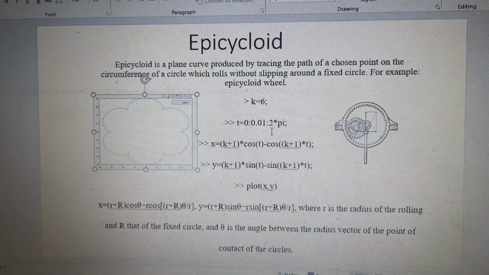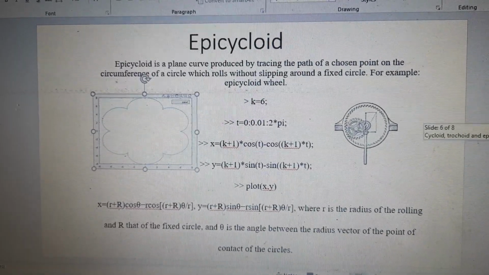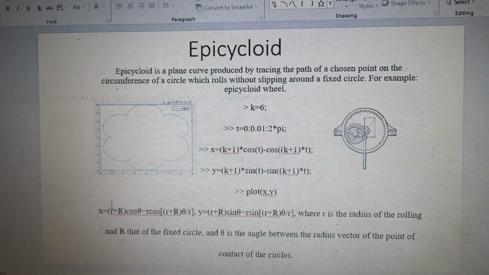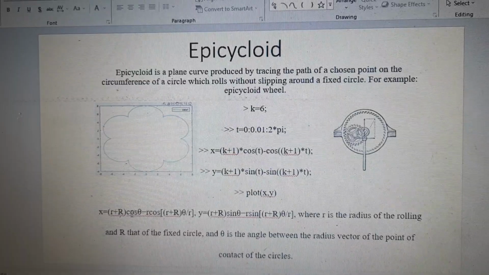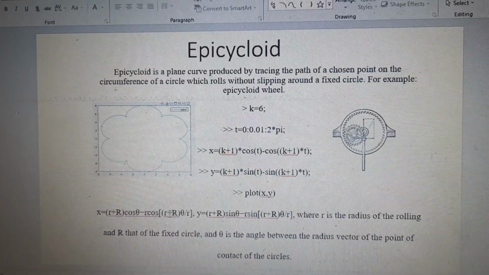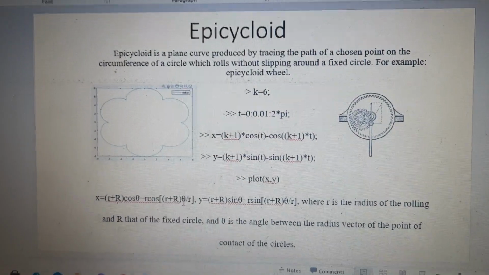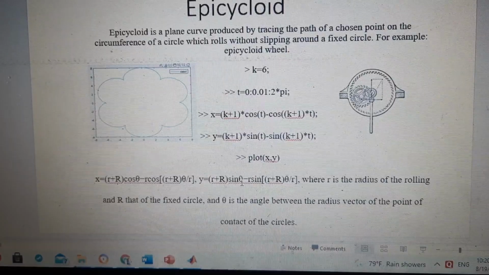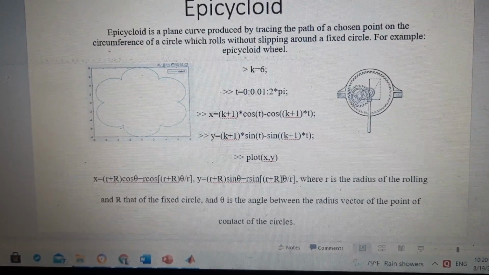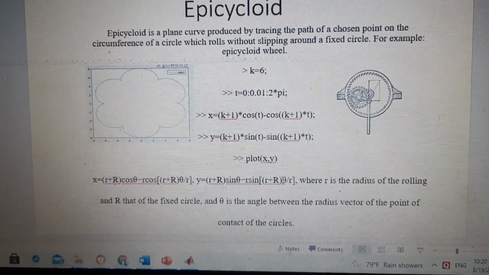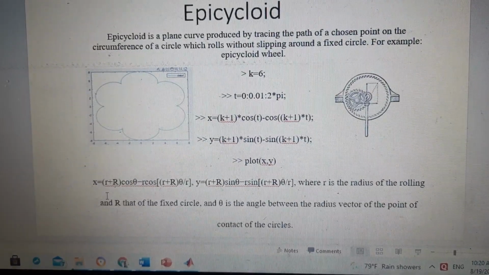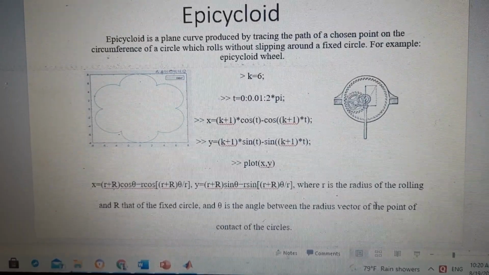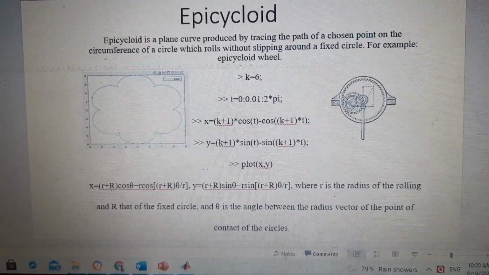The parametric equation is x equals (R plus r) cos theta minus r cos((R plus r) theta by r), and y equals (R plus r) sin theta minus r sin((R plus r) theta by r), where r is the radius of the rolling circle and R that of the fixed circle, and theta is the angle between the radius vector of the point of contact of the circle.